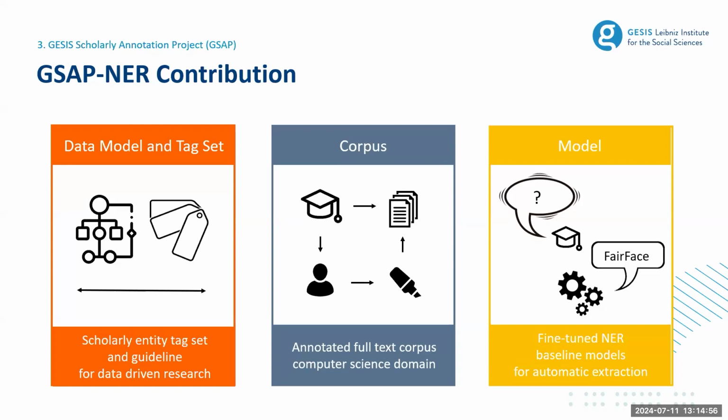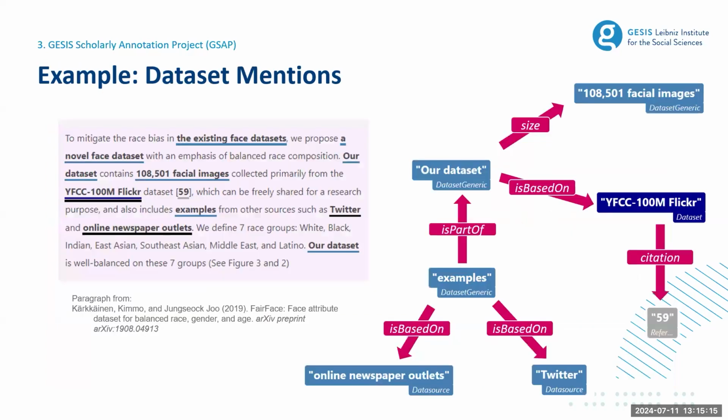The second part is a corpus, which consists of 100 research publications from the computer science domain. And the third part is a model which is trained on this data and is able to be applied on a larger corpus. Here you see an example from the dataset from one publication of the 100.